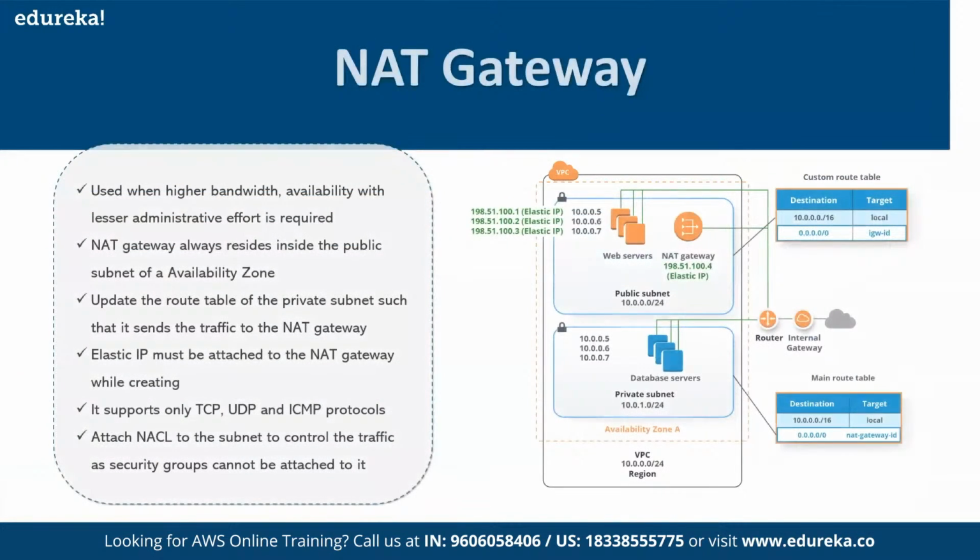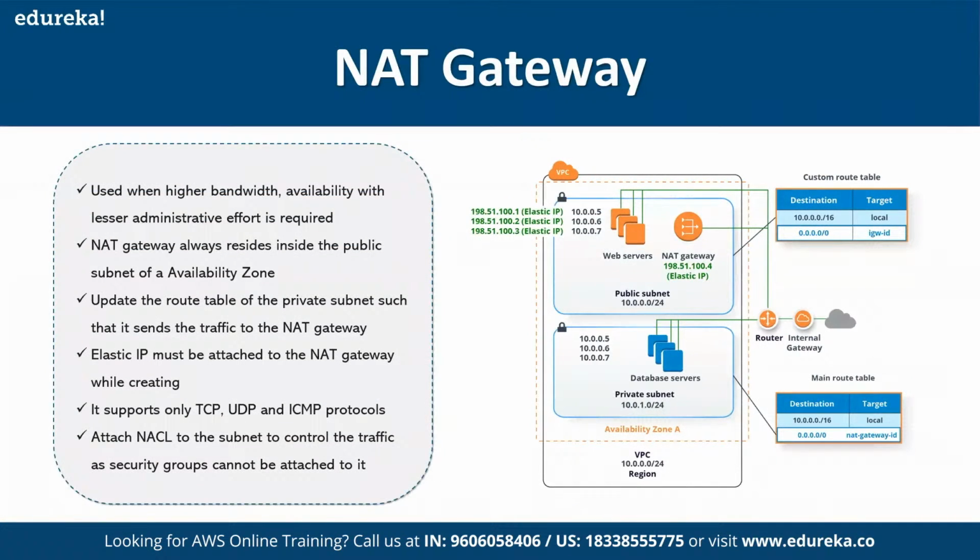So how does a NAT gateway work? When you have a NAT gateway, in the route table of your private subnet, you will have an entry going to the internet, that is 0.0.0.0/0. And then instead of having it go to the internet gateway, I will have it go to the NAT gateway. NAT gateways are placed in the public subnet, so from there, it can access the internet.